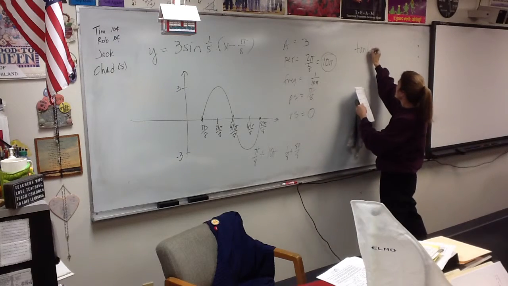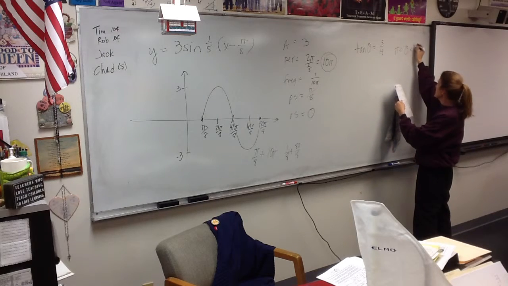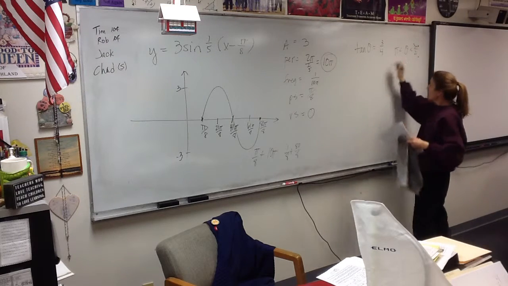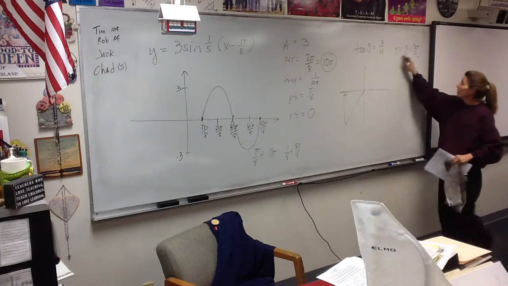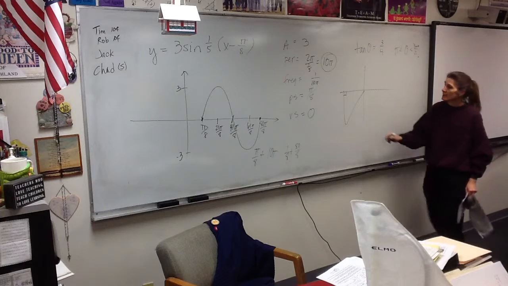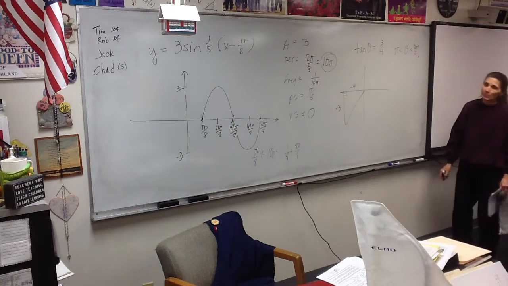Now I know the tangent is 3/4, and I am between 180 and 270. So I am down here in quadrant 3, and the tangent is 3/4. Notice I put negatives in there.